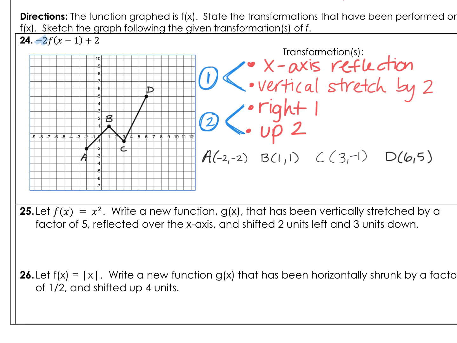So this right here, technically you could multiply by 2 and then flip it over, it's fine. Like I think on Delta Math you kind of do it in multiple steps, but to save us having a gajillion things on our graph, I'm going to do it all at once. So I'm going to multiply my y values, since it's vertical, by the -2. And that will take care of everything in step 1. That will reflect it over and it will stretch it by 2.